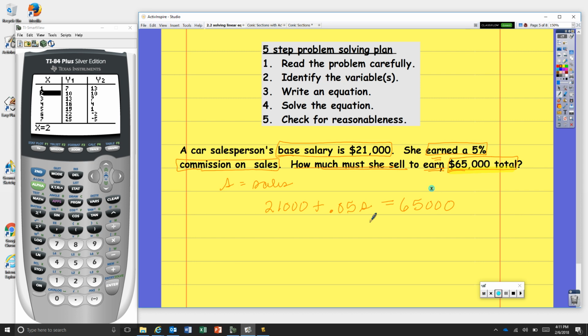Now we have an equation to solve. So we would subtract 21,000. 0.05S equals 44,000. Divide by 0.05.